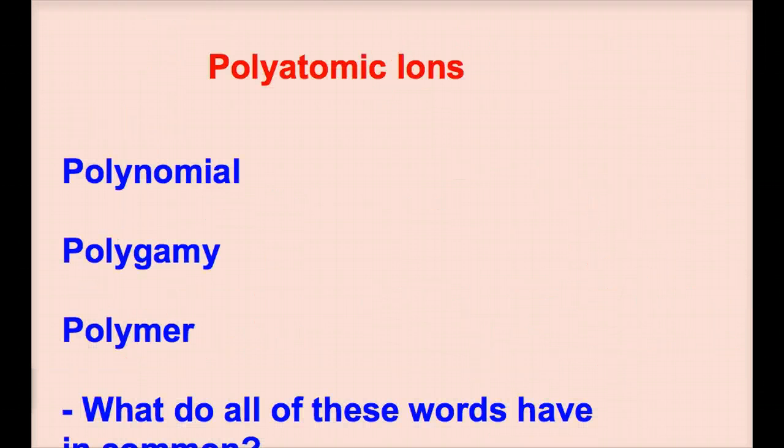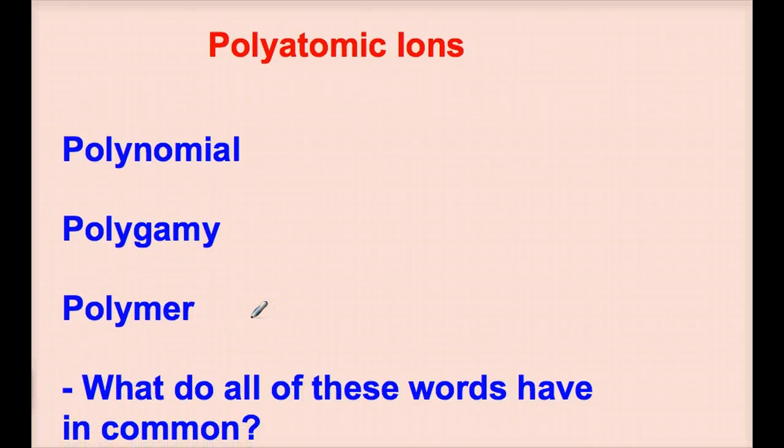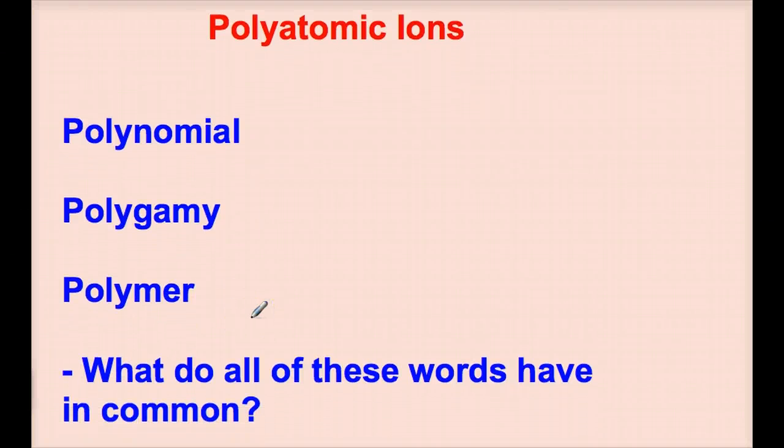So let's go ahead and take a look at polyatomic ions. Since we've done a lot with monatomic ions before, let's take a look again. If you notice, the one thing in common in these words is the word poly, right? What does poly mean?